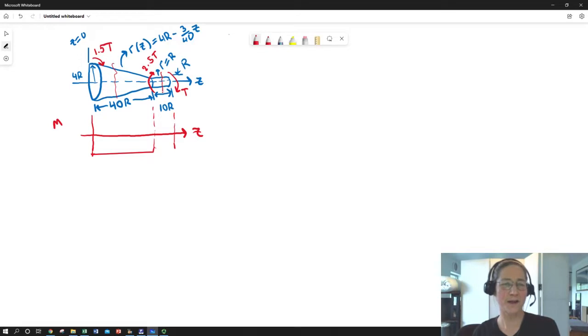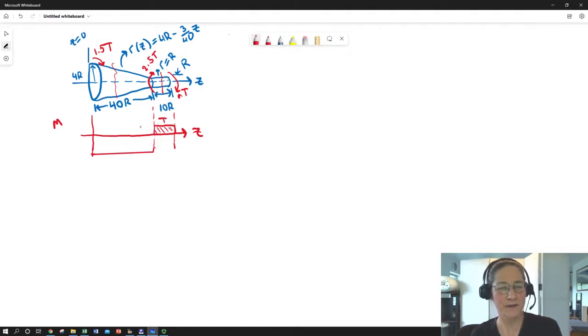So if I made a cut here, I would be opposing 1.5 in the clockwise, minus 2.5 in the counterclockwise. So I would have to be providing 1 t here in the clockwise, which will be satisfied by our final applied. So here's my internal moment.